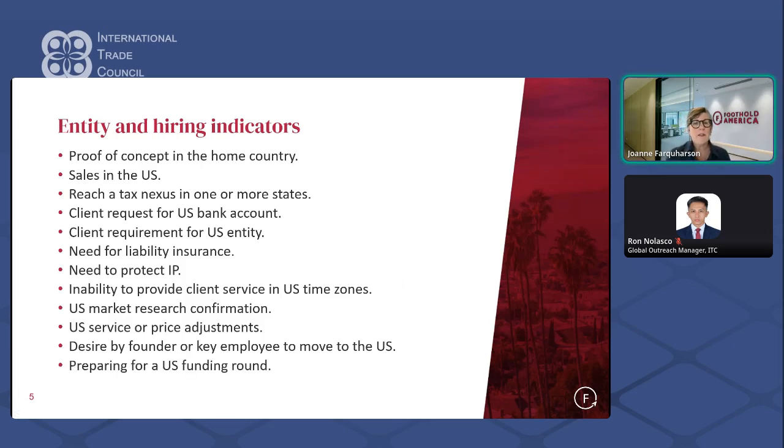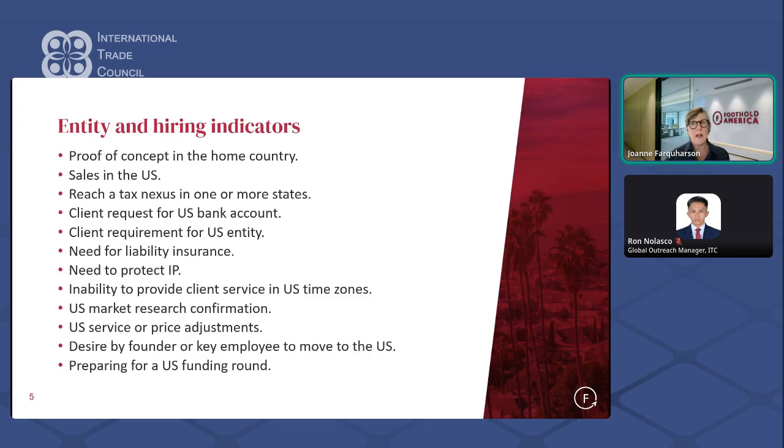Also, many business owners will look to the United States for potential funding. Maybe you have seen that your business is doing well and you think you can get to that next level if you had some funding. And the US is ripe for funding for various industries.